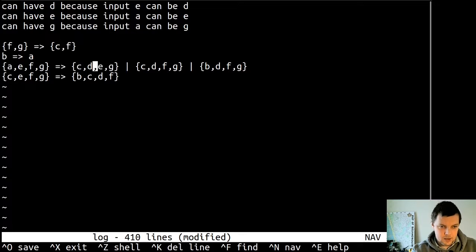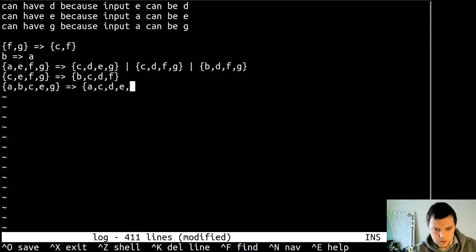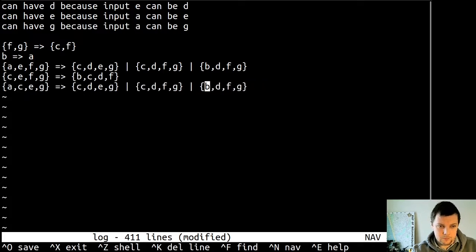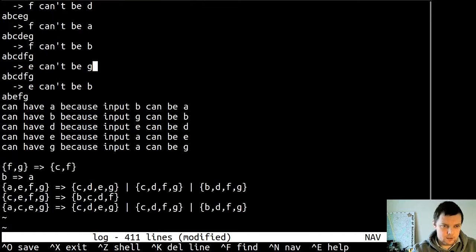and then ABCEG maps to ACDEG or ACDFG or ABDFG. We know B maps to A. So ACEG is only one different to AEFG, is only one different to CEFG. So they should, let's keep going.